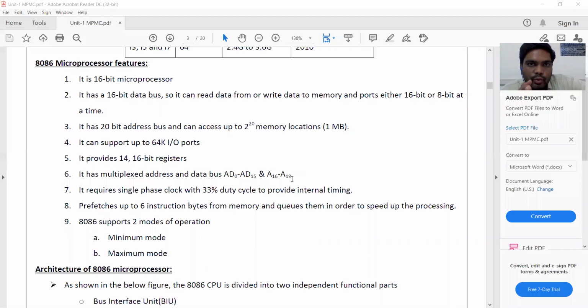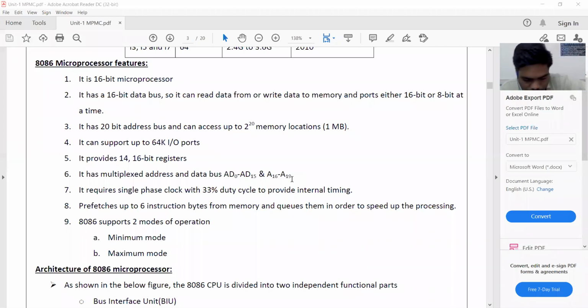That is why I told you to go through the basics of digital logic, which you learned last year. Everything is related to that. You need to know the meaning of multiplexer in order to understand the multiplexed address and data lines. So what do we mean by multiplexed address and data lines?